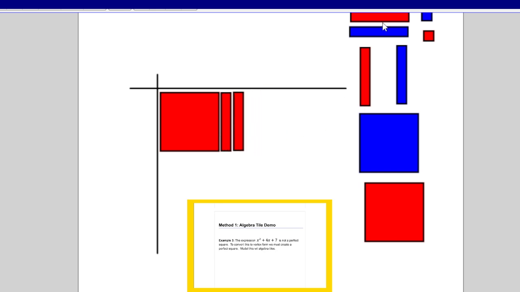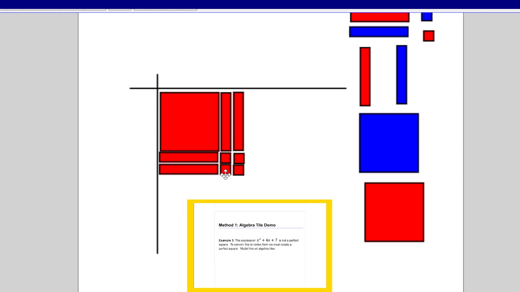So there's 2, 3, 4, trying to balance it out on either side because I'm trying to make a perfect square. And now I have 7 ones. So 1, 2, 3, 4. Okay, there's my perfect square, x plus 2 by x plus 2.